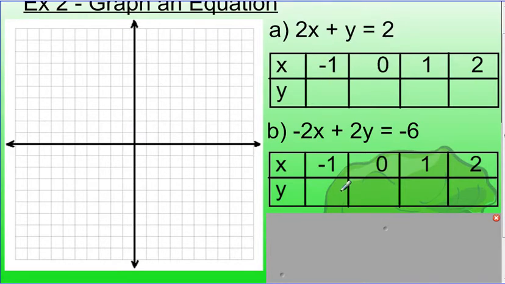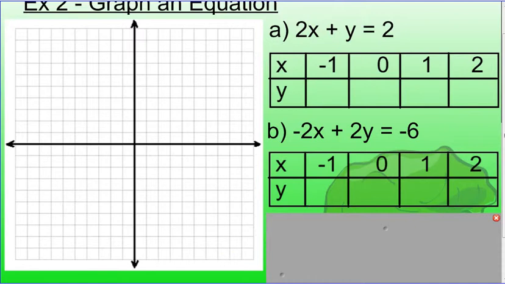So what we can do here is we could do a couple different things. We could just start plugging in x values for x and solve the equation. Or we could do the opposite of that. We can solve the equation first and then start plugging the x values. Both ways have their merits.